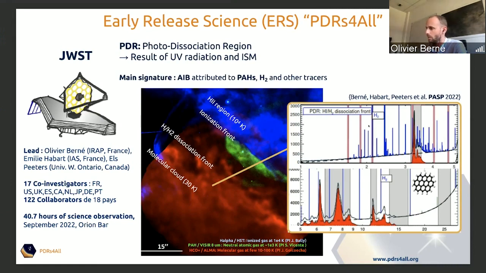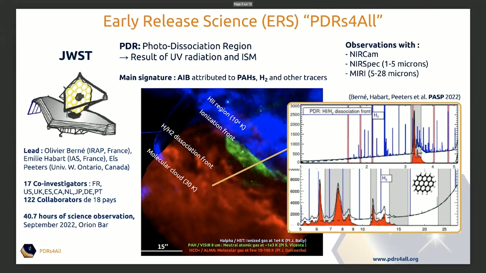So for this reason, for understanding a distant object, it's also important to look in detail at regions such as the Orion Nebula, which is close by because it's only 400 parsecs, to interpret JWST spectra.